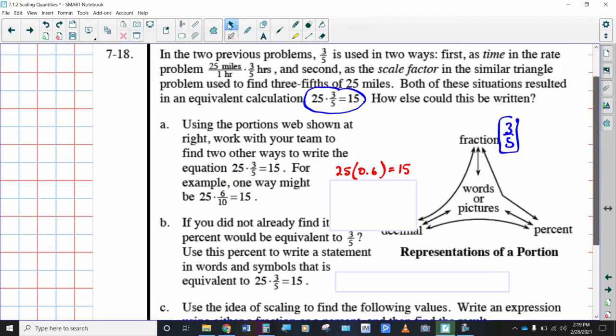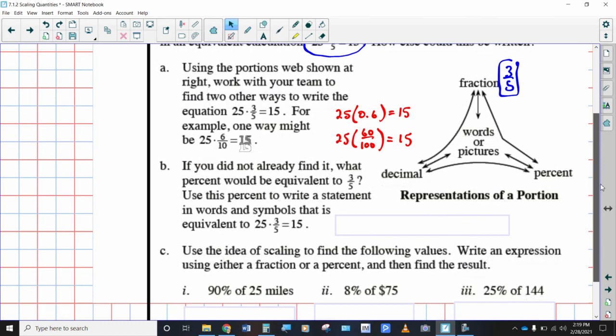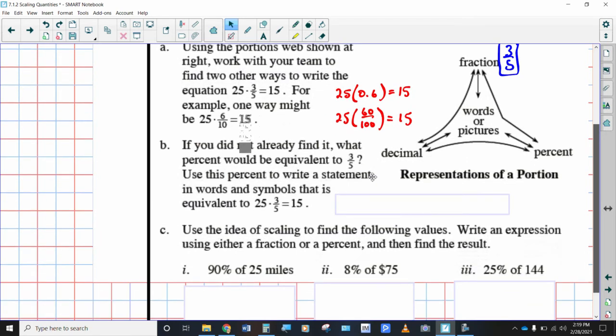That is correct. And if you wanted to represent that as a percent, percents literally mean out of 100. So 60% would be 60 hundredths, and then you would get the same answer as if you multiplied times 6/10 or 3/5. You get 15 either way. If you did not already find it, what percent would be equivalent to 3/5?